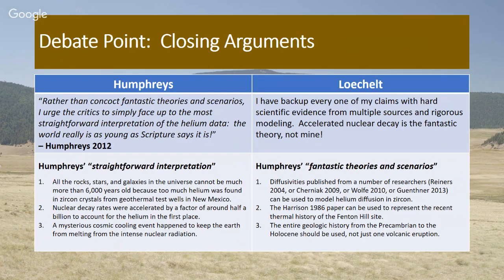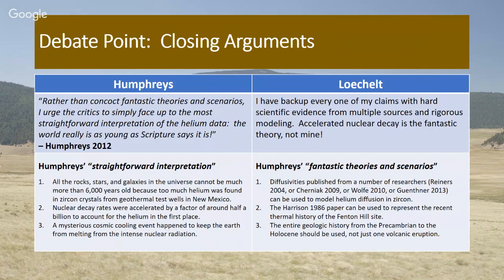Problem, though, is that in 6,000 years, you wouldn't have any helium to begin with. Well, that's explained because in addition to that, nuclear decay rates were accelerated by a factor of around 500 million to account for the helium. But then if you have that, you would have so much heat, it would melt the Earth.